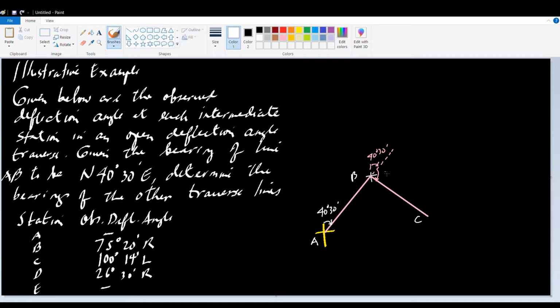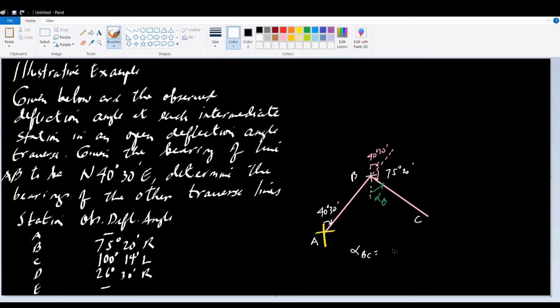And that deflection angle is 75 degrees 20 minutes. At this point, we can already determine the bearing of line BC by getting this angle. That is alpha of BC.